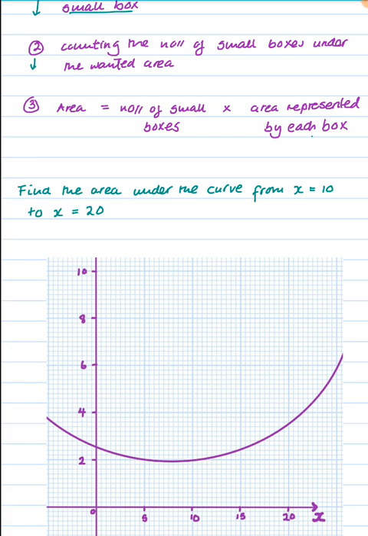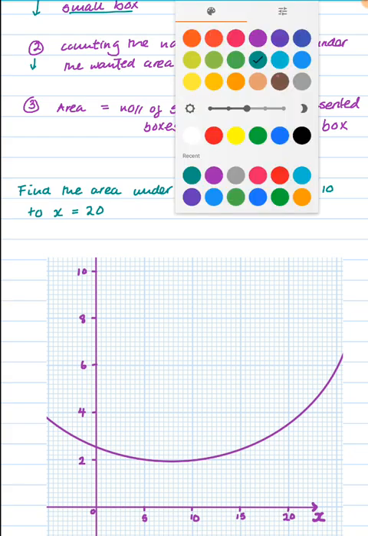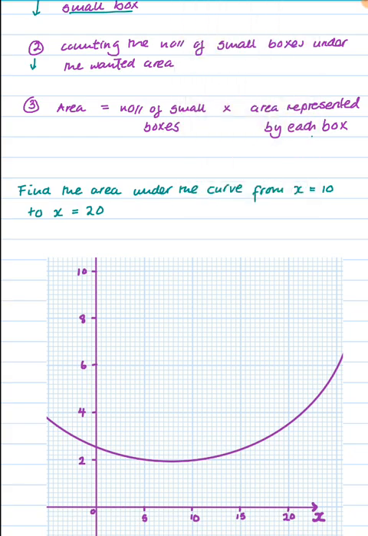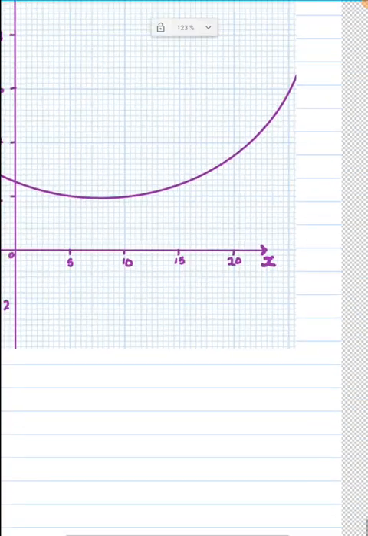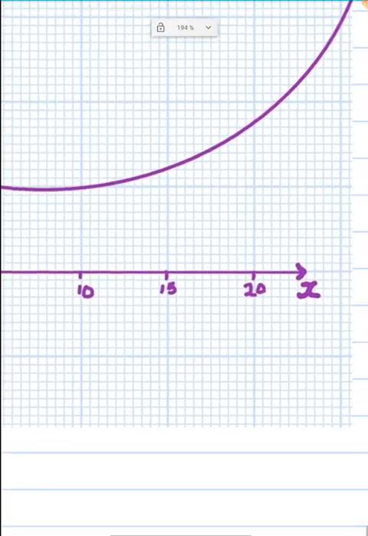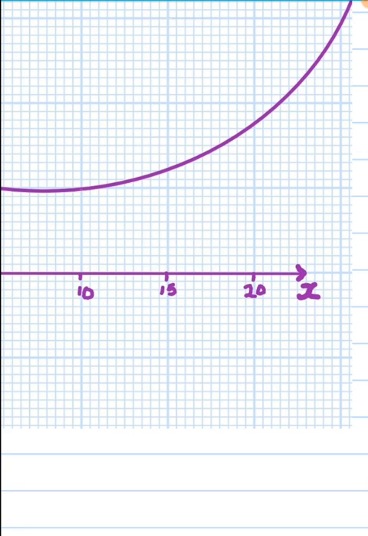The example says find the area under the curve from x is equal to 10 to x is equal to 20. So we have our graph here, and we are asked to find from x is equal to 10 up until we reach x is equal to 20.